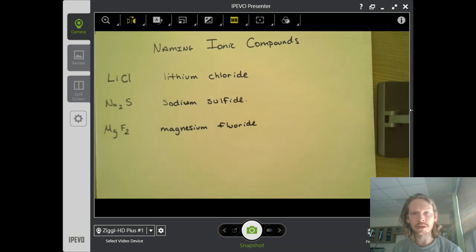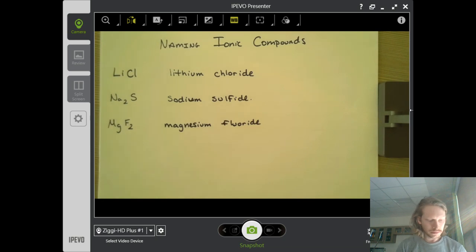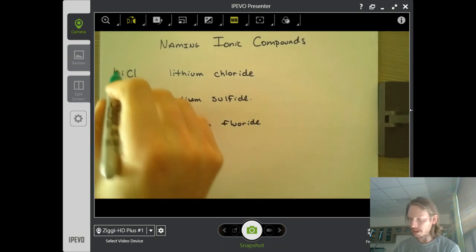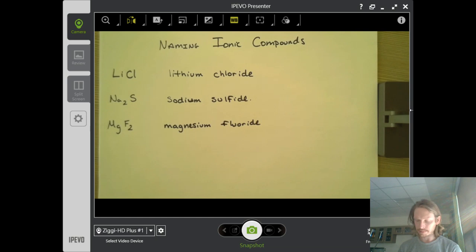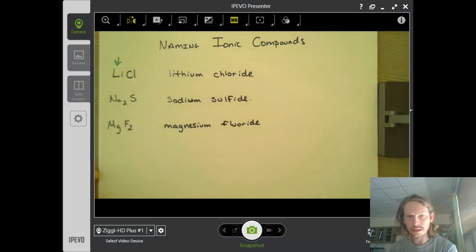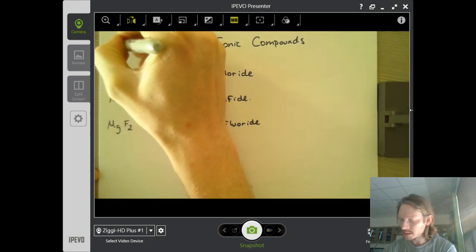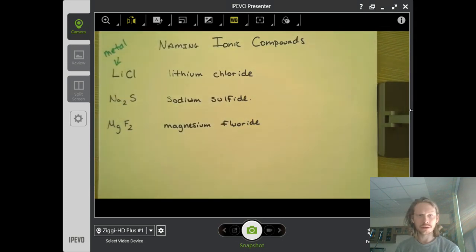Okay, so here are a few examples. Let's try to build a little bit of a pattern. There are a few things happening that we should talk about. First of all, let's talk about the compounds themselves. On the compound side, we always have the metal first, followed by the non-metal.